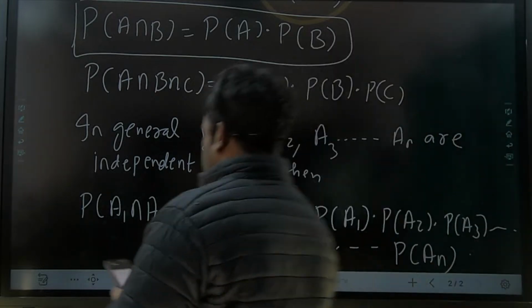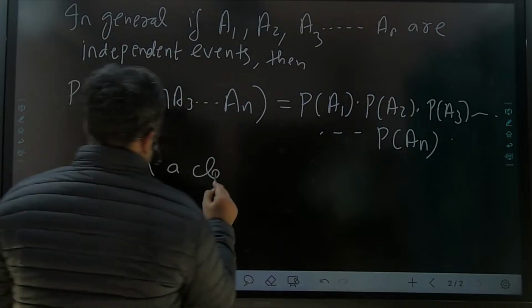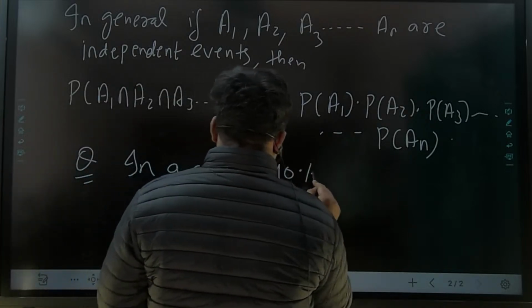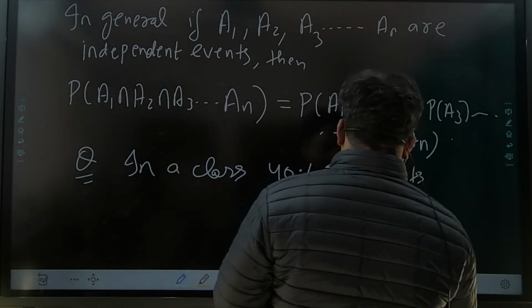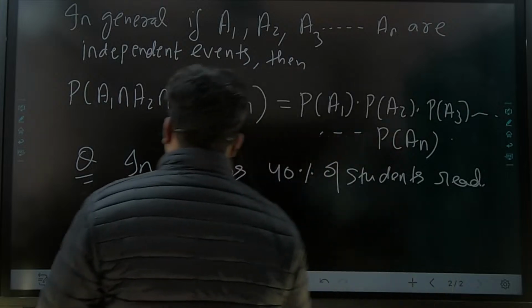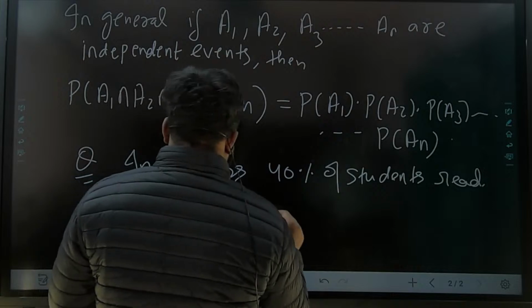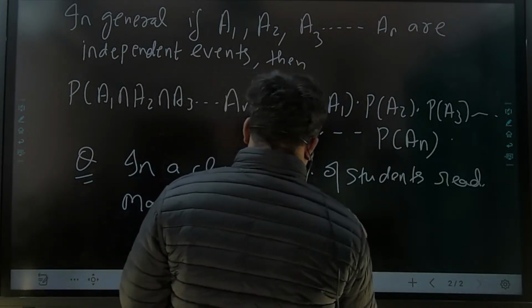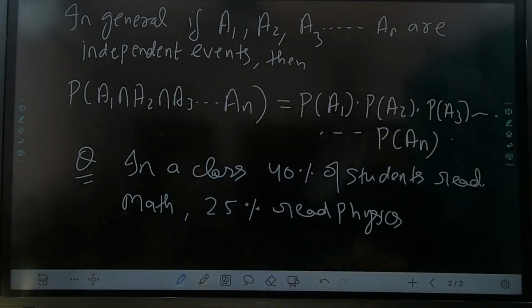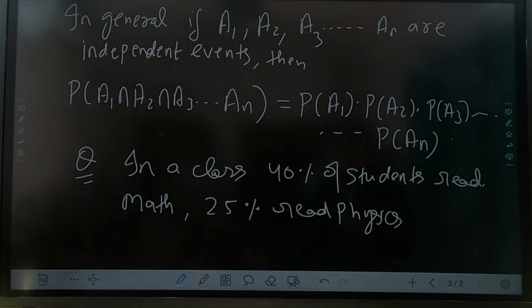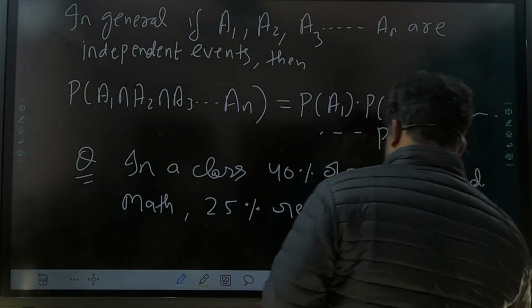Now, question. In a class, 40% of students read maths, 25% read physics, and 15% read both maths and physics.